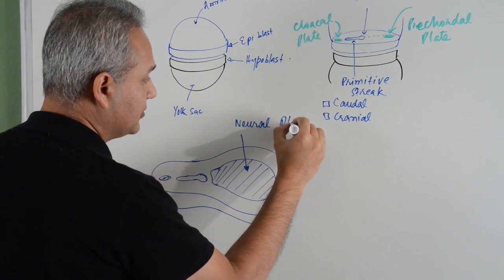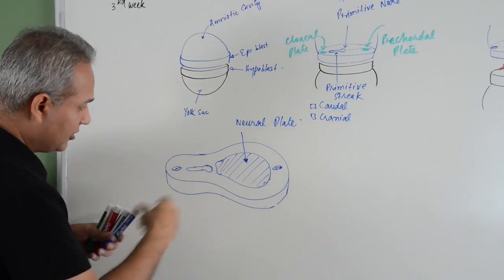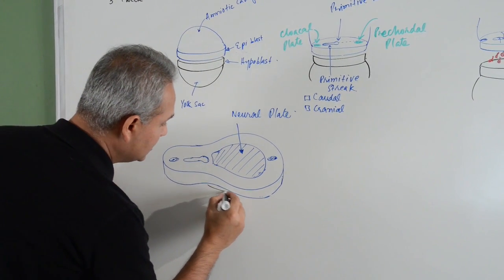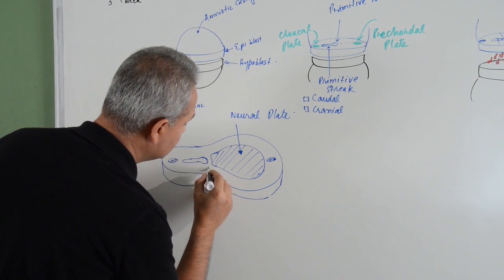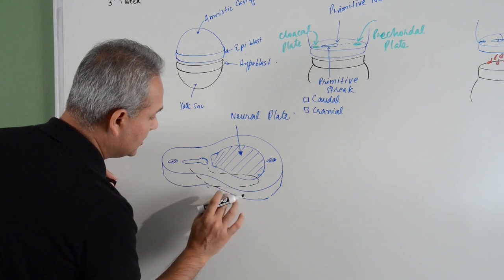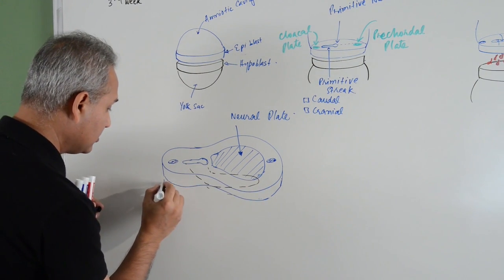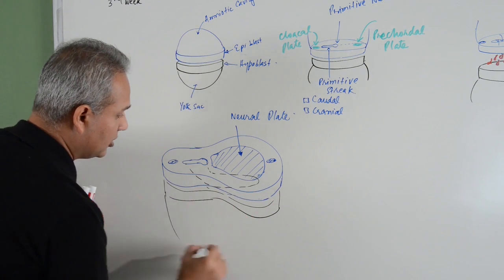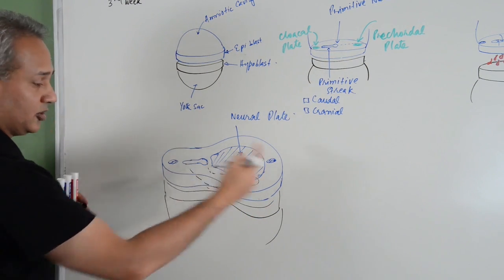Underneath, what have we gotten? We've gotten the notochord sitting here, right? Like this. This is the notochord underneath, and then below that are the hypoblast, the yolk sac and the amniotic cavity.